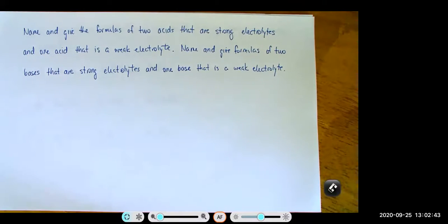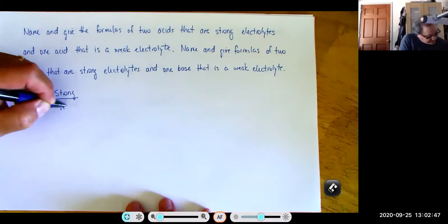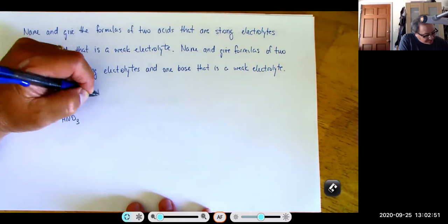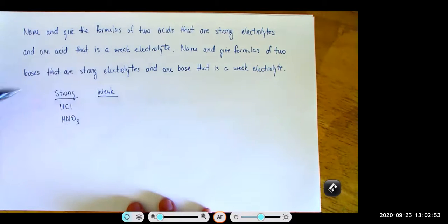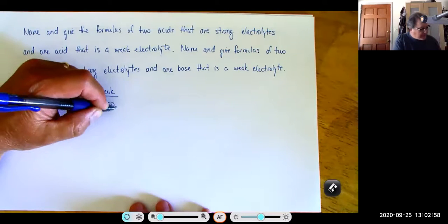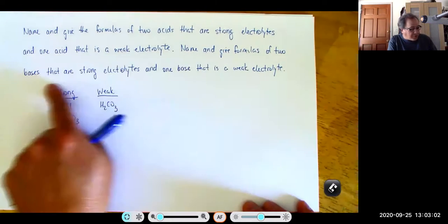HCl and HNO3. Great. How about a weak one? H2CO3. There you go.